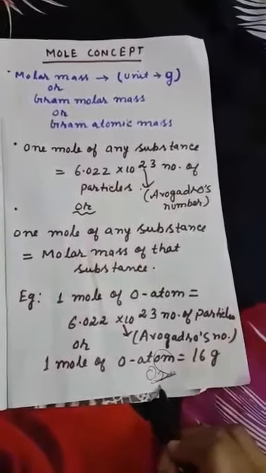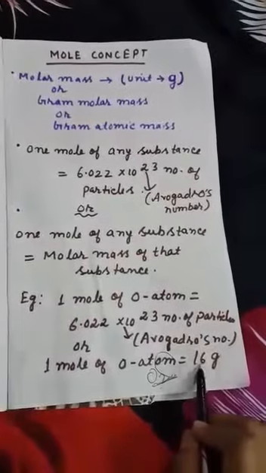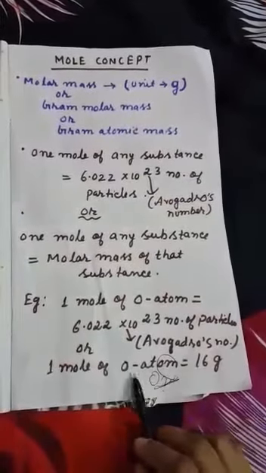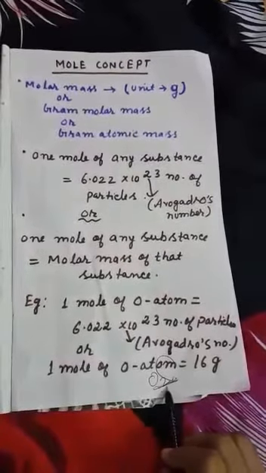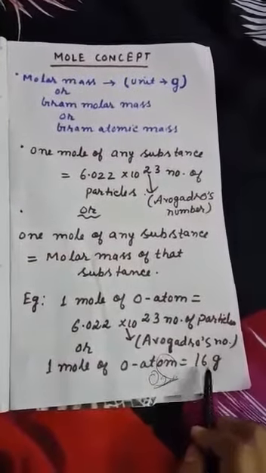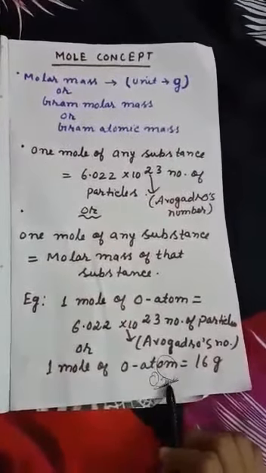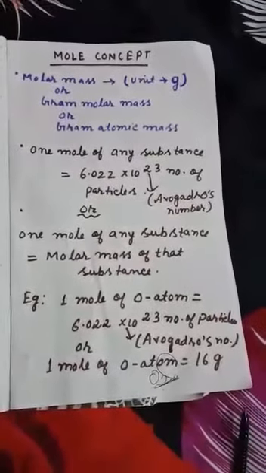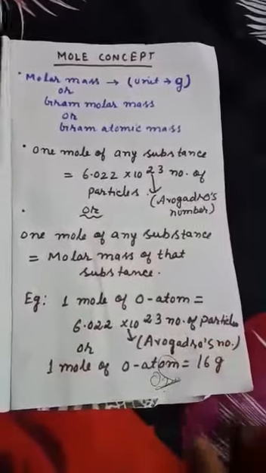It is O2, so mass will be 32 gram. So 1 mole of oxygen atom is 16 gram, but 1 mole of oxygen molecule, that is O2, will be 32 gram. But 1 mole of oxygen molecule will also be 6.022 into 10 to the power 23 particles. Am I clear to you?